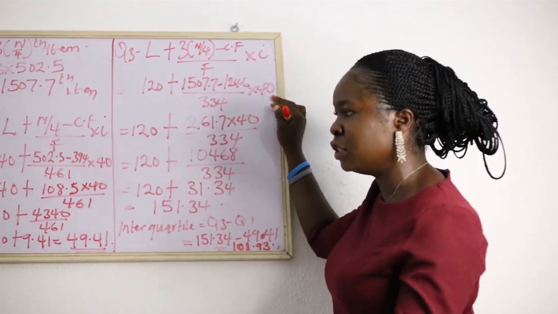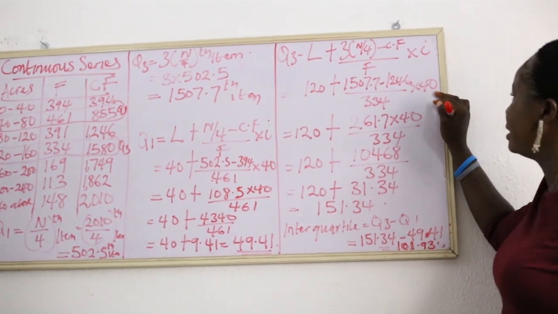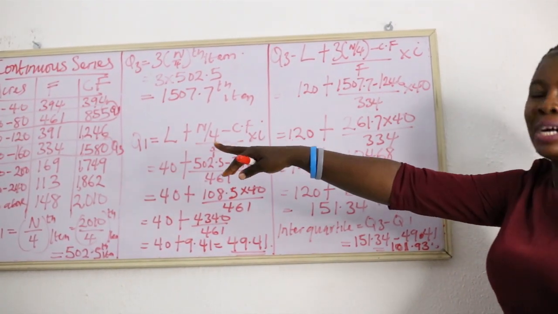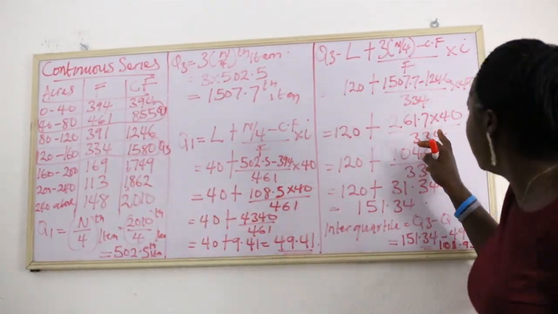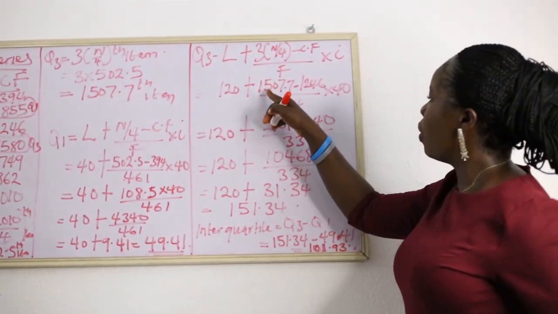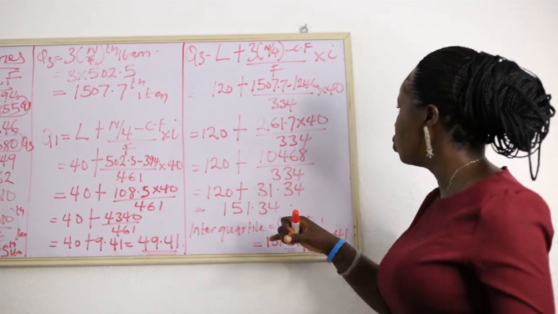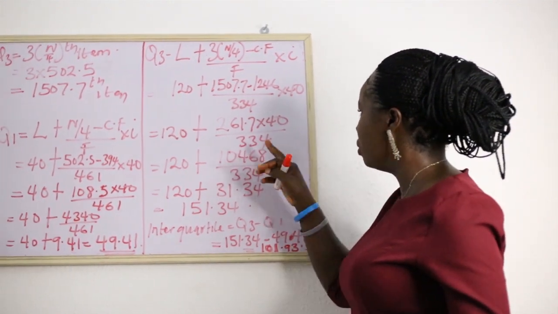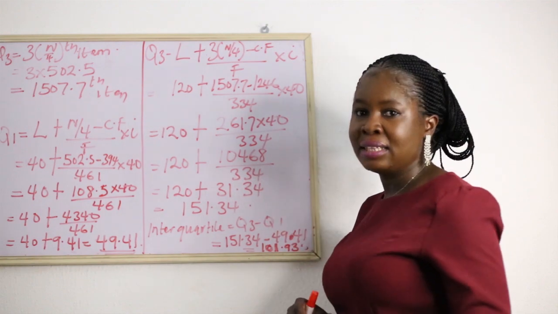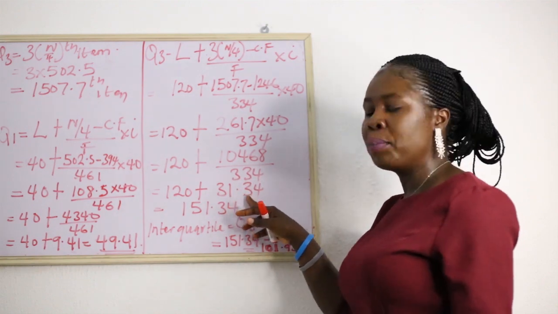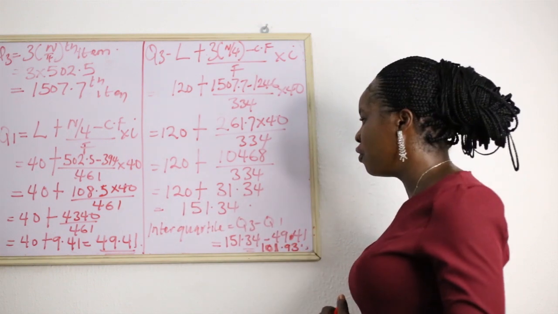The class interval is the upper class limit minus the lower class limit, which is 160 minus 120, which is 40, divided by the frequency of that class, which is 334. So 1507.5 minus 1246 is 261.5, multiplied by 40, we have 10,460, divided by 334, we have 31.32. That is 120 plus 31.32.